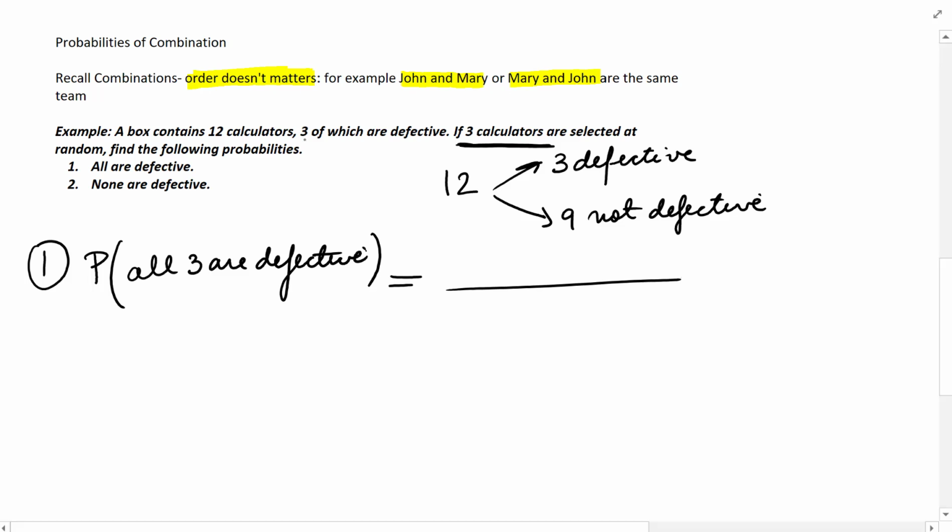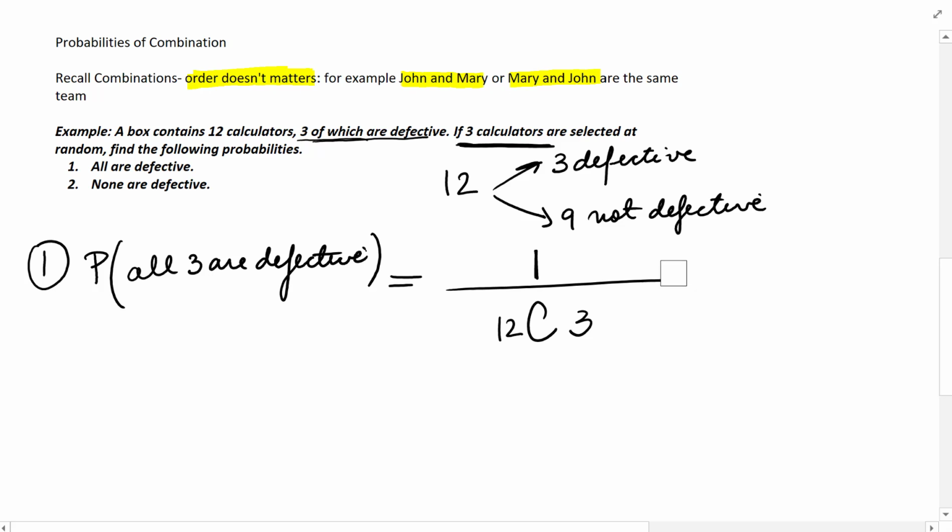Well, if 3 are defective and we remove 3, that's only 1 possibility over the total number of possibilities to select 3 calculators out of 12, which is combination of 12 taken 3 times.